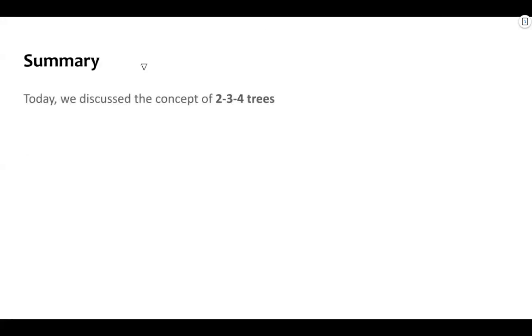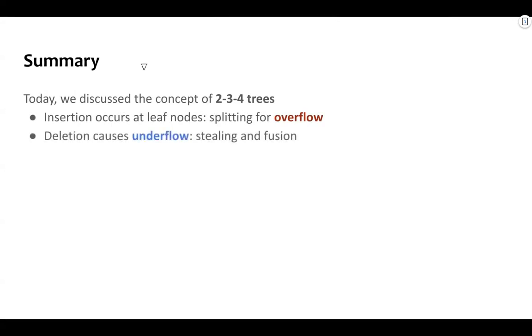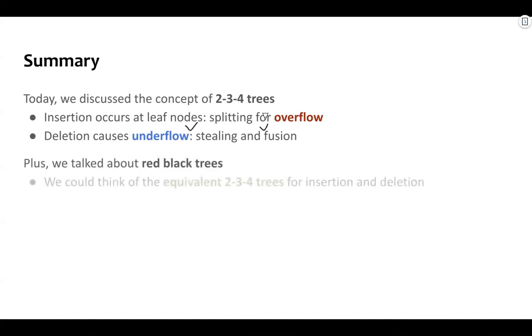So the summary is we discussed the concept of 2, 3, 4 trees, where insertion occurs at leaf nodes, and we split when overflow occurs. And deletion sometimes causes underflow. Then we steal or fuse some nodes to resolve this issue. Plus, we talked about red-black trees.